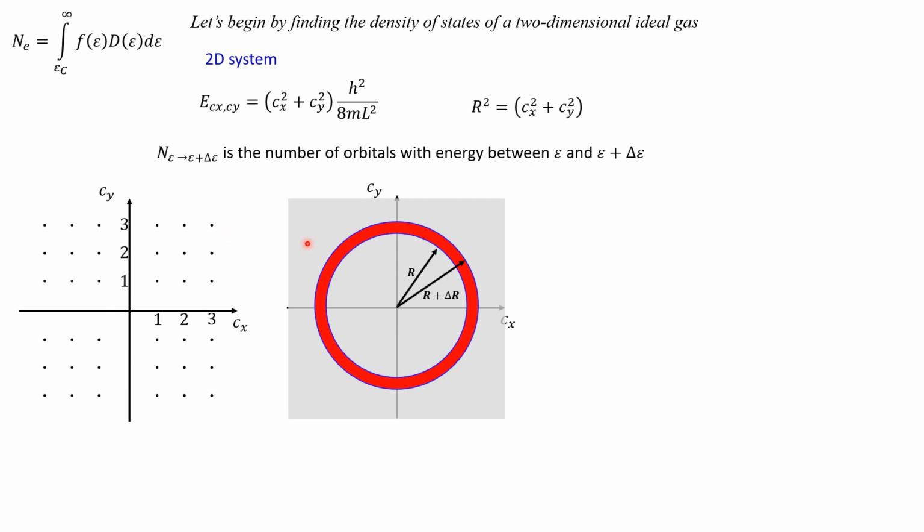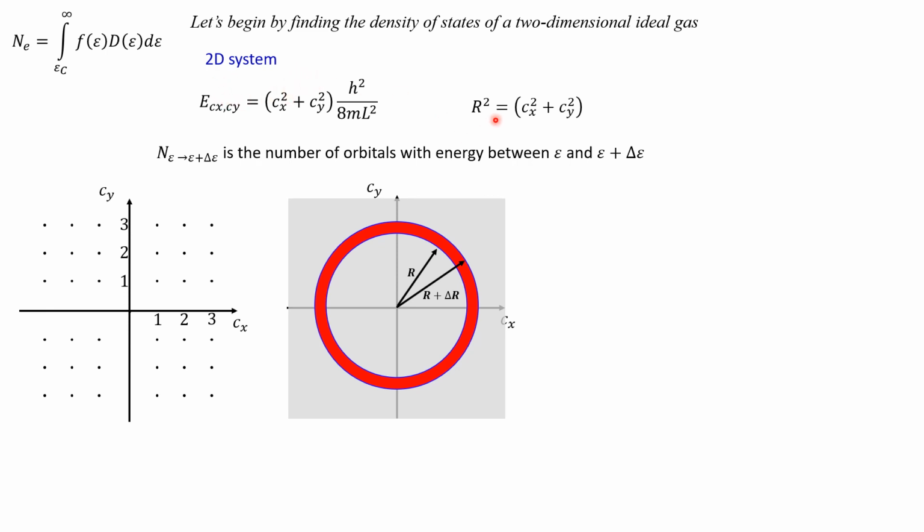In other words, we can draw a circle with radius r, then all orbitals on this circle will have energy epsilon, which will be related to the radius r through this expression. So we could think of epsilon being here, and here we have r squared.